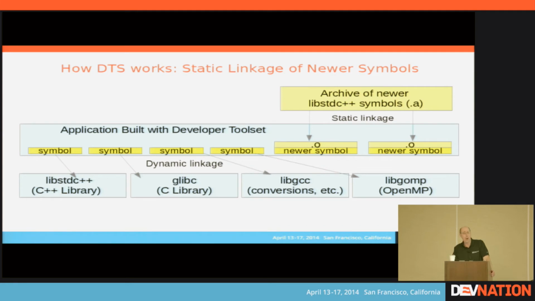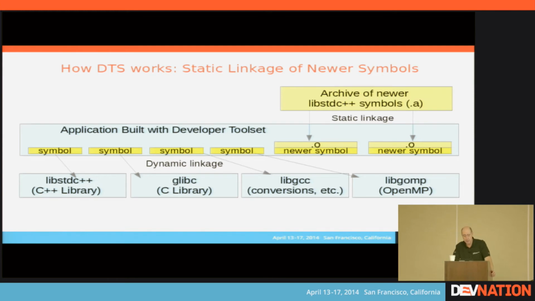So how does all this work? How are we able to offer a new version of GCC on a system that also runs an older version? This is a pictorial to kind of show you how that works. You build an application with the Developer Toolset, and as you can see, it dynamically links to the libraries that are available in base RHEL.